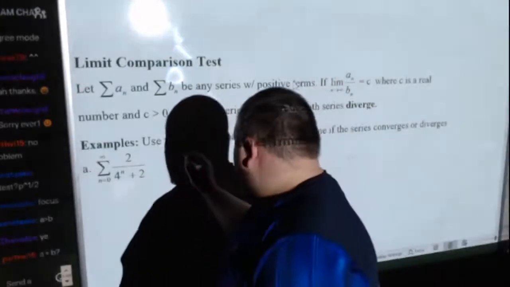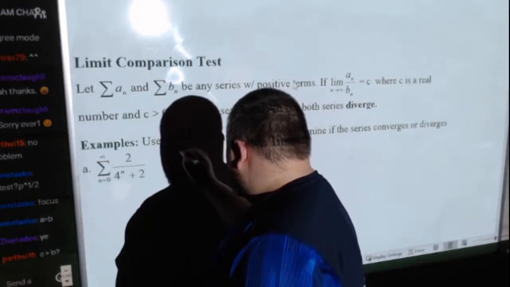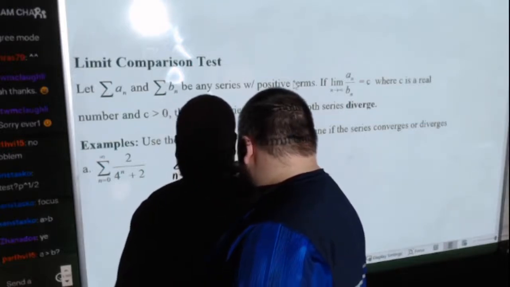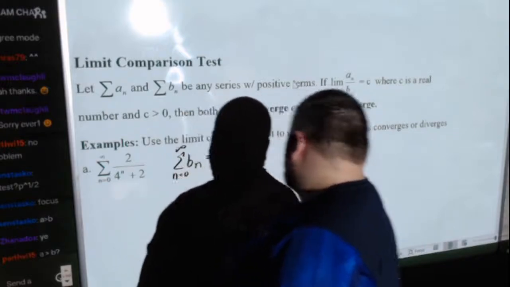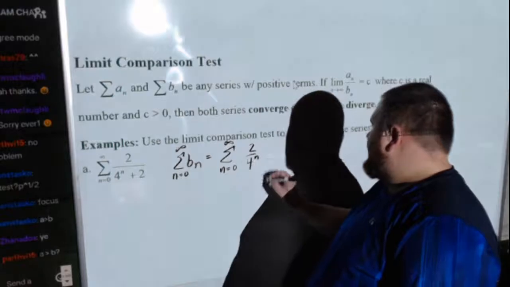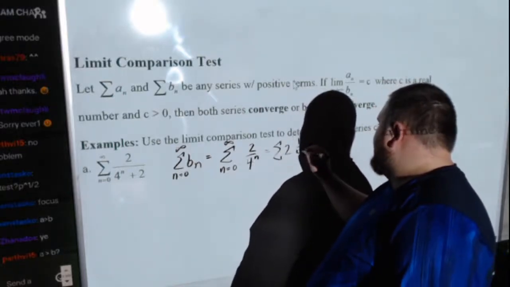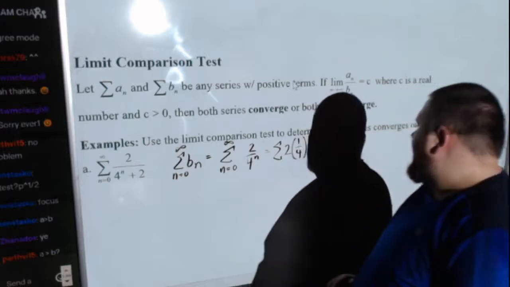Taking the dominant terms, this is going to be 2 over 4 to the n, or 2 times 1/4 to the n.